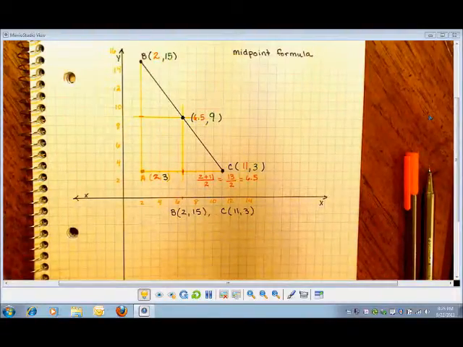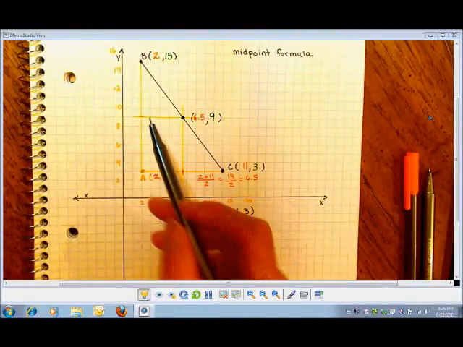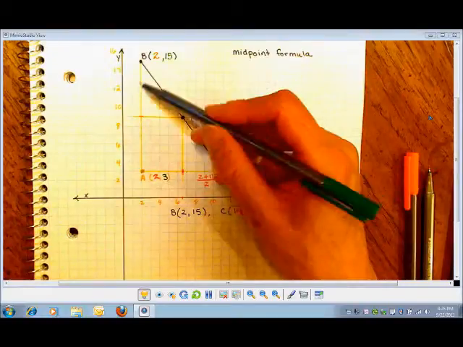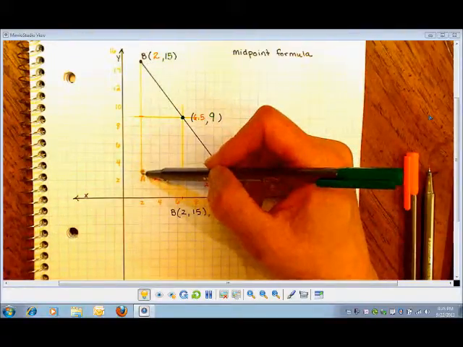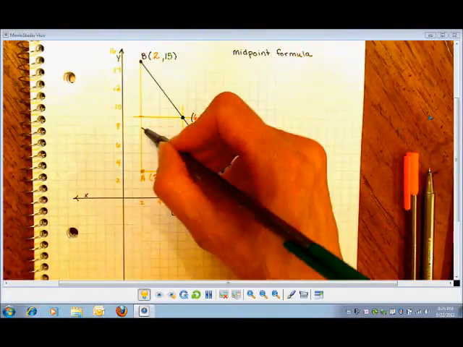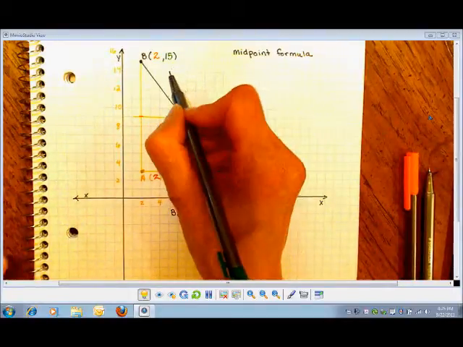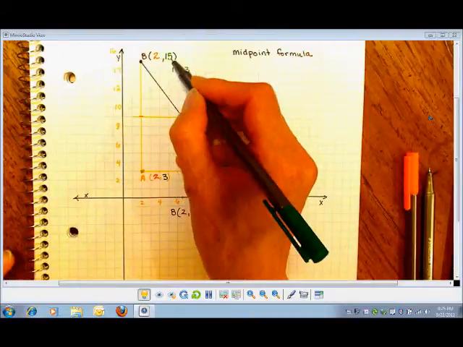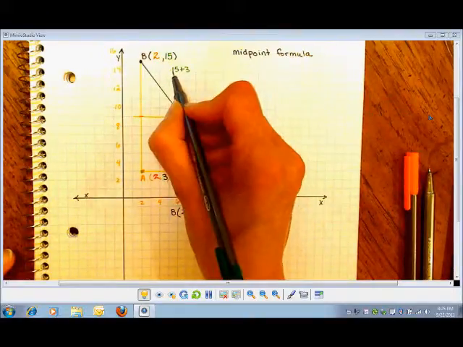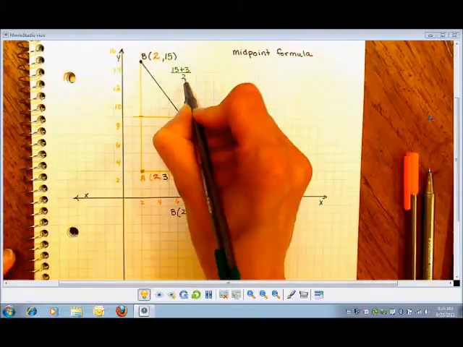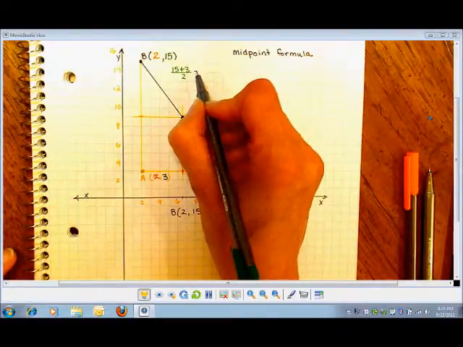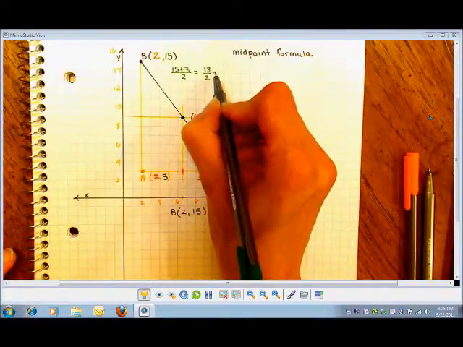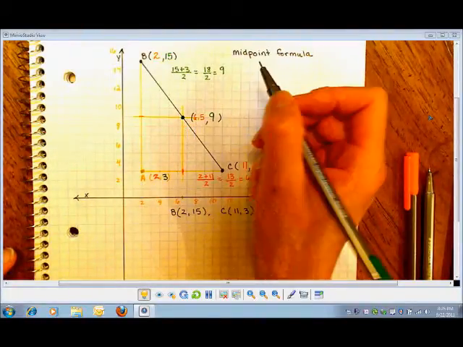If I look at my y's, the average of my y's, this would be 15 plus 3, those two points, take the average, that's going to give me 18 halves, which is the same as 9.